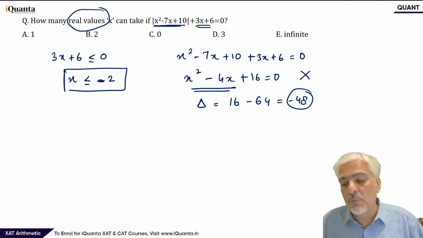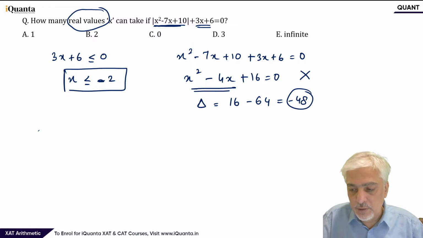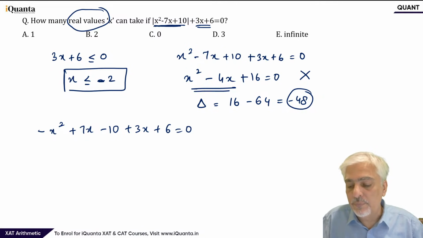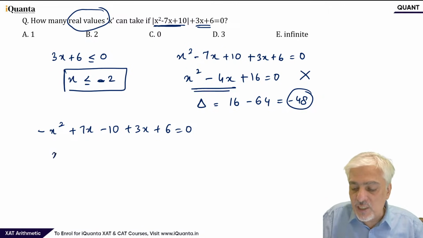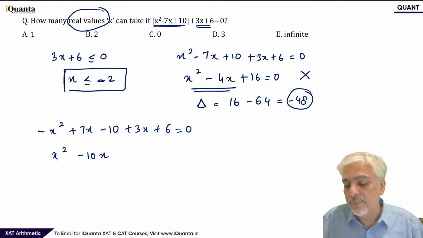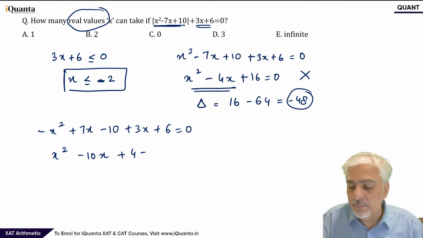What about the second part? When I open up the mod as negative, I'll get negative x square plus 7x minus 10 plus 3x plus 6 is equal to 0. So I'll get x square minus 10x plus 4. Right? Am I correct?